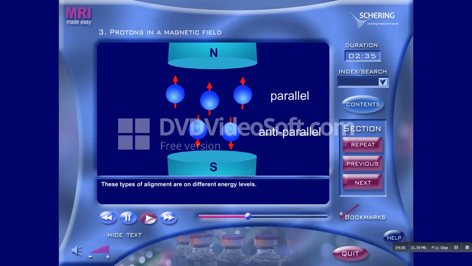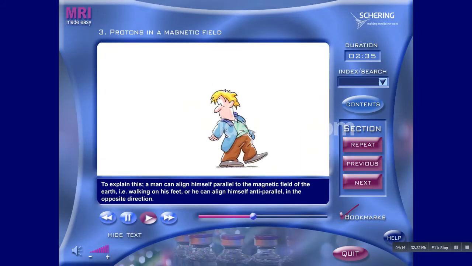These types of alignment are on different energy levels. To explain this, a man can align himself parallel to the magnetic field of the Earth, in other words, walking on his feet. Or he can align himself anti-parallel, in the opposite direction.